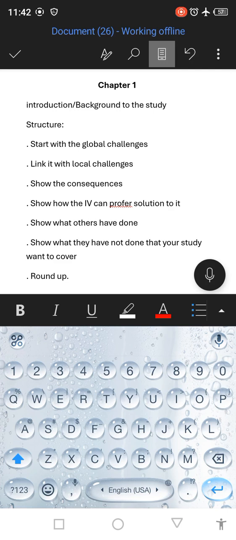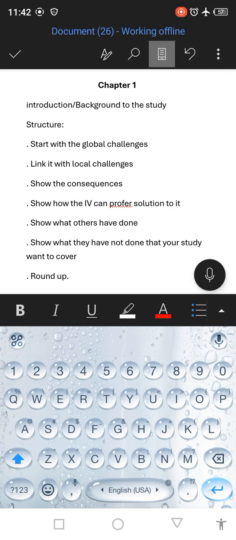Now, follow me as I explain one after the other and also show you an example of how to write this.